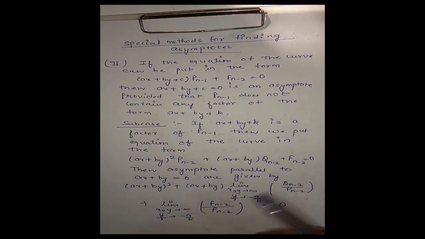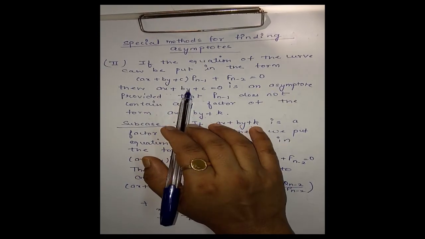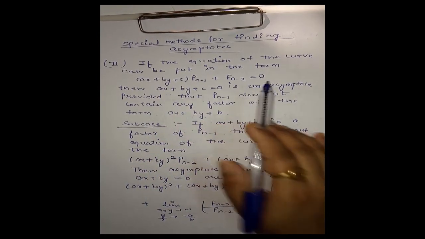In the first method, the equation of the curve is of the form (ax + by + c) P_{n-1} + F_{n-1} = 0.